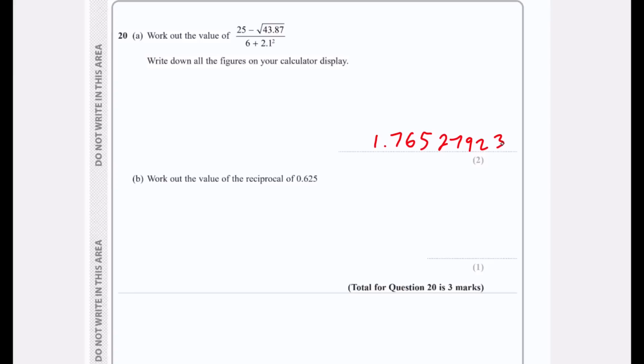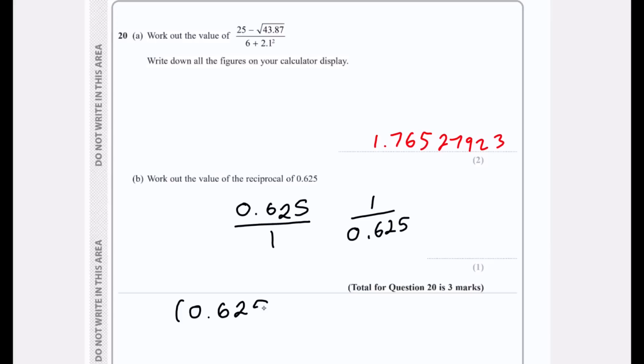Work out the reciprocal of 0.625. So the reciprocal, let's flip it over. You can think of it as 0.625 over 1 to start with. So the reciprocal will be 1 over 0.625. The other thing you can do is there is a reciprocal button on the calculator, which is the power of -1.